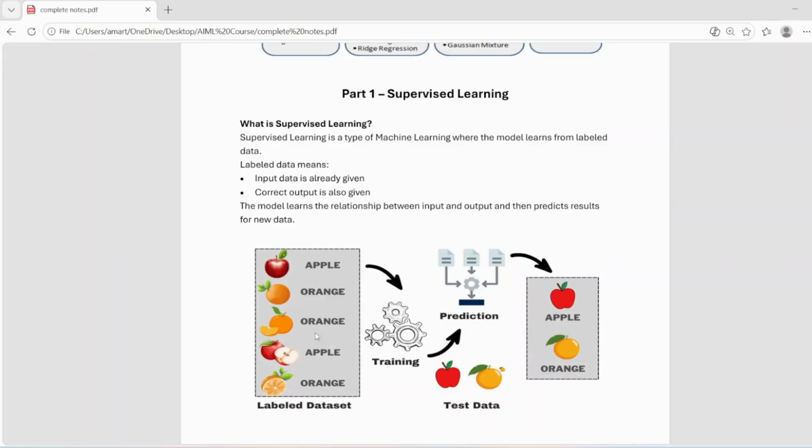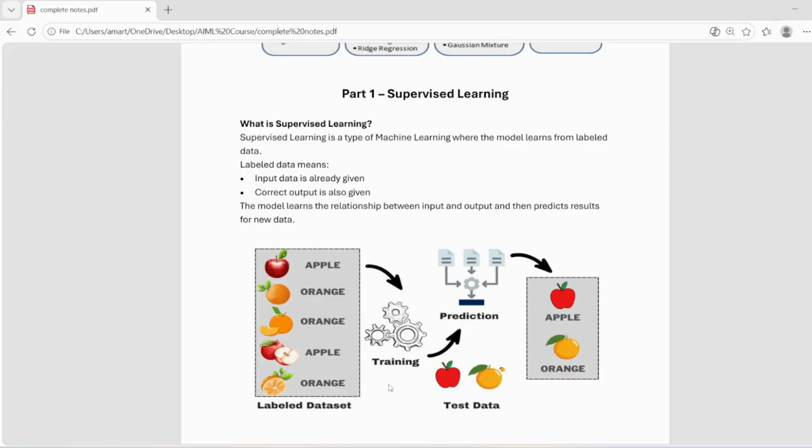Then we will train our model using this labeled data set. But first, we will always split our data set into two parts: training data and testing data. On the basis of the training data, we will train our model.